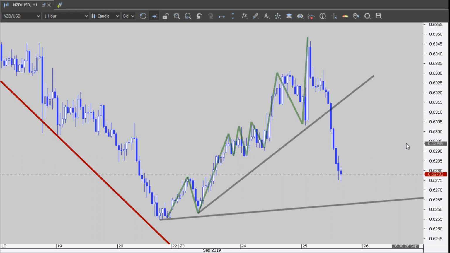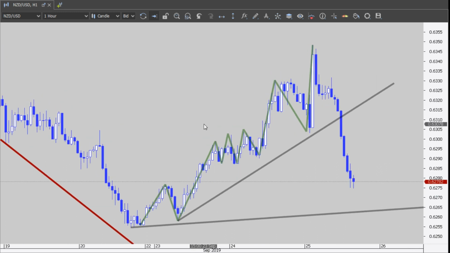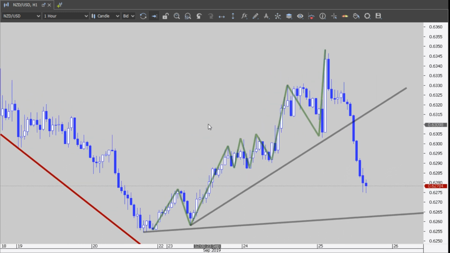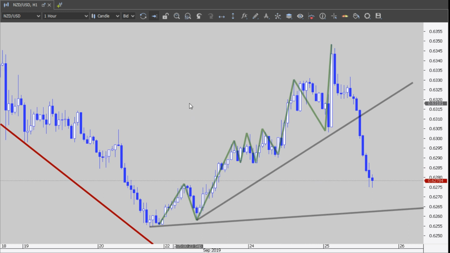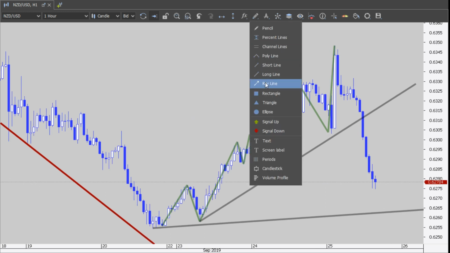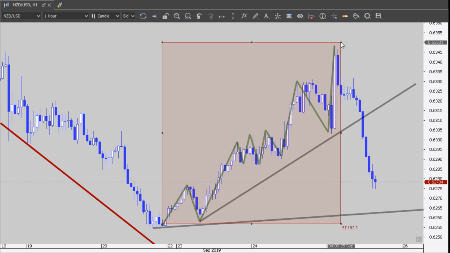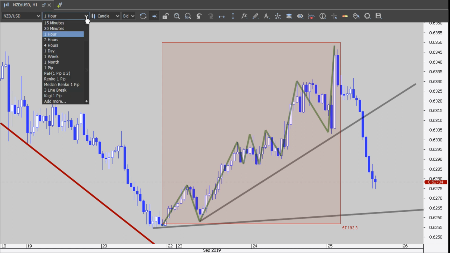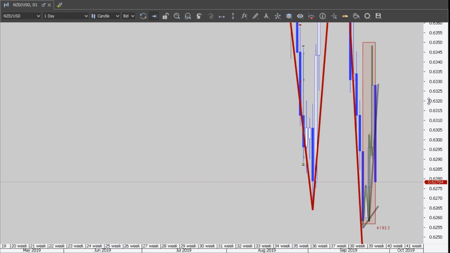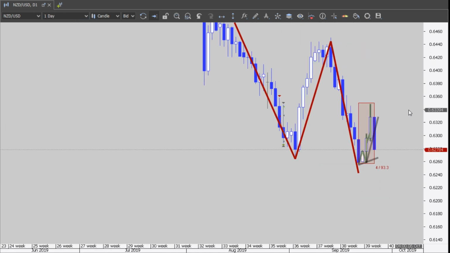Okay, so before entering long on the 1-hour chart, before entering long anywhere in here, we are going to jump now from the 1-hour chart to the daily and see.